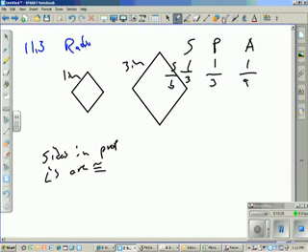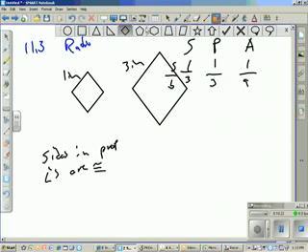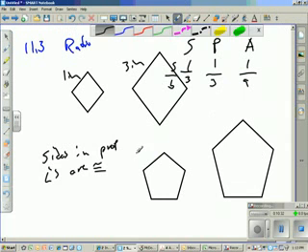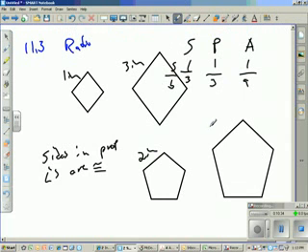Let's do one more problem. Let me draw a 5-sided figure and another 5-sided figure. And we'll say that this is 2 inches and this is 5 inches. And this time, instead of doing small to big, let's do big to small. And let's look at sides, perimeter, area.